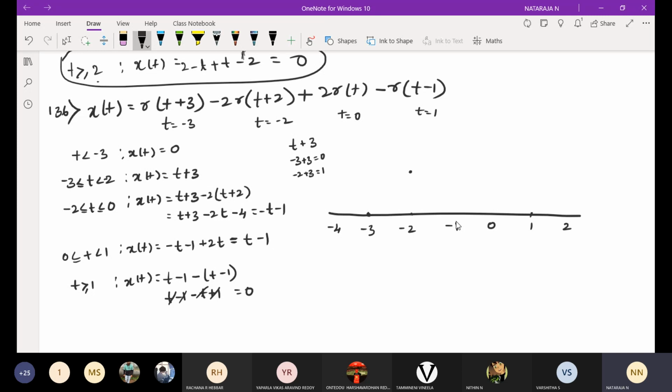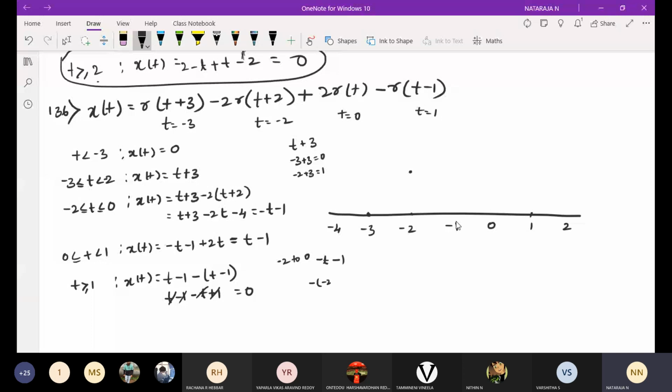Next signal will be from -2 to, sorry. Any doubts? No, sir. From -2 to 0, what is the equation? Minus t minus 1. First substitute -2.